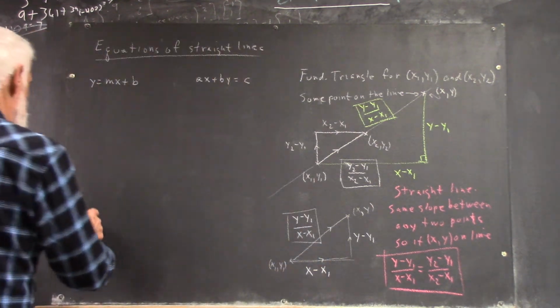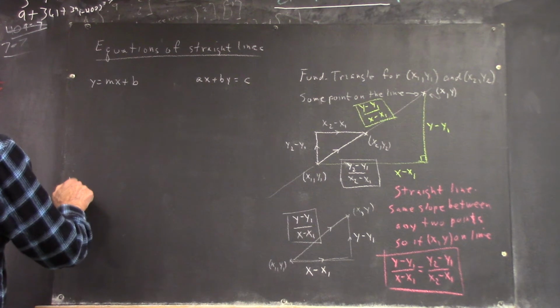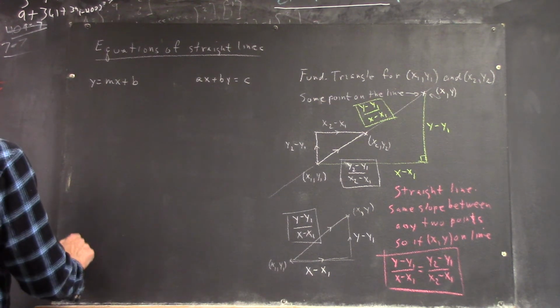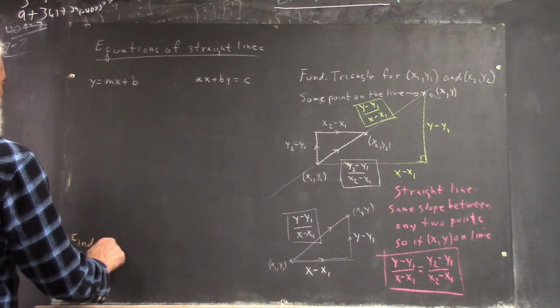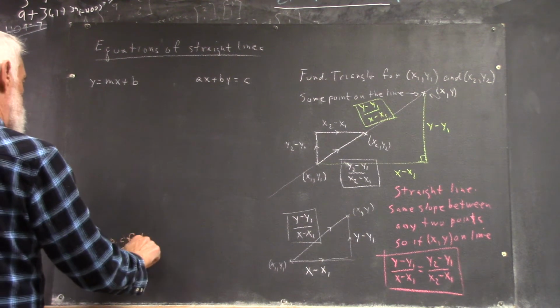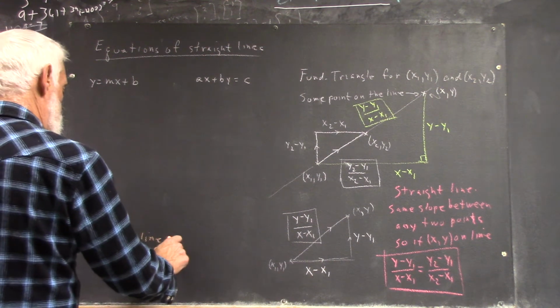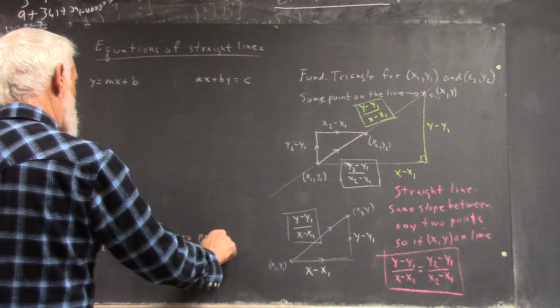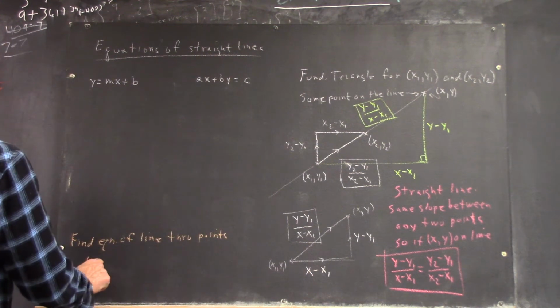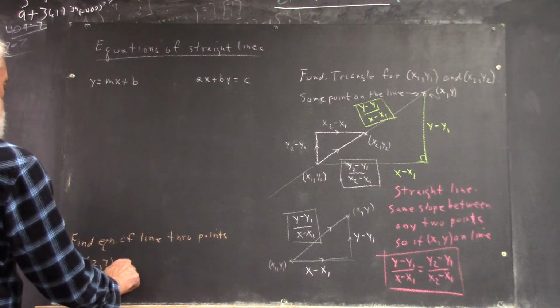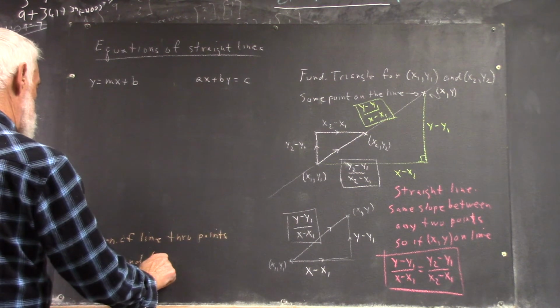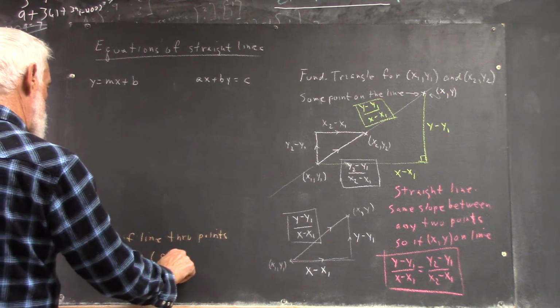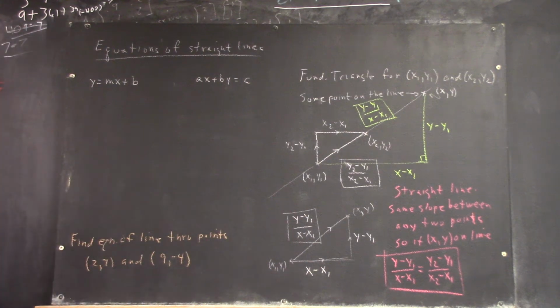I want to find the equation of the line through the points 2, 7 and 9, negative 4.